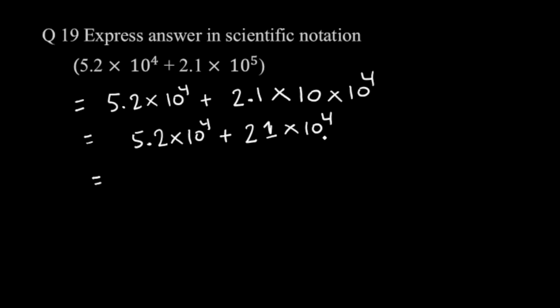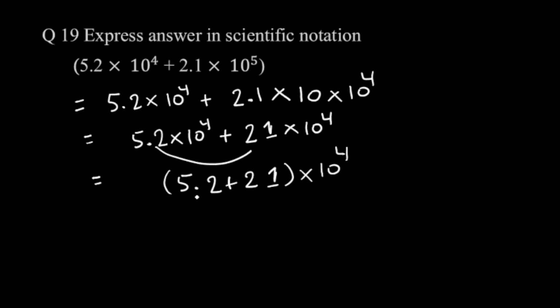Now we have the same power, 10 to the power 4, 10 to the power 4. We can add these two: 5.2 plus 21, multiply 10 to the power 4. 5.2 plus 21 is 26.2 multiply 10 to the power 4.